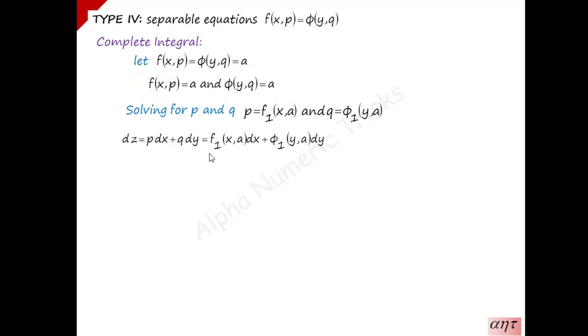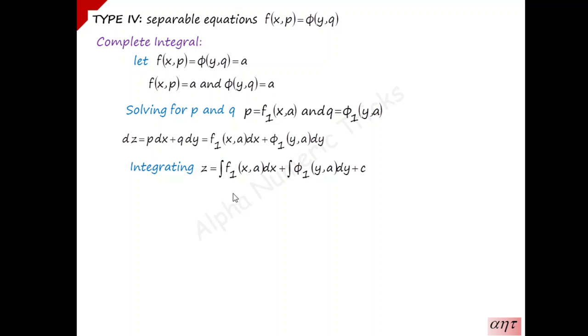When substituting, p value is f1 of x comma a dx plus phi 1 of y comma a dy. When integrating this, the integration of dz becomes z. So z is equal to integral f1 of x comma a dx plus integral phi 1 of y comma a dy plus a constant.